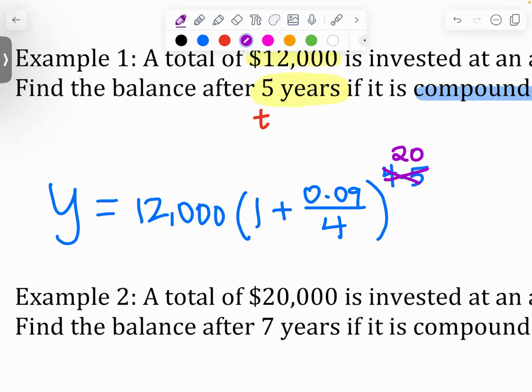What I want you to do in your calculators, please do not work ahead of me. Could you please put in 1 plus 0.09 divided by 4. You're literally putting in your calculator 1 plus 0.09 divided by 4. And keep it there. Is it an ugly decimal?